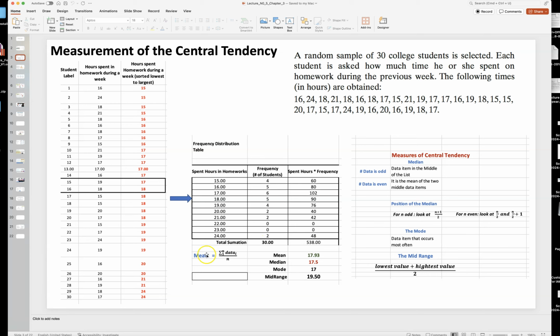When we perform this operation in our spreadsheet, that is going to give us 17.93. Okay, that is one measurement of the central tendency. This is telling you that on average, the students might spend around 18 hours, or 17.9 hours.